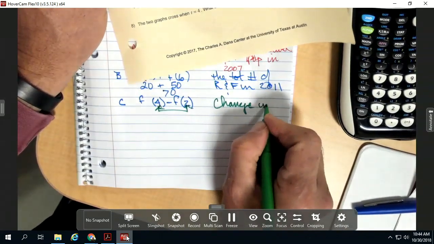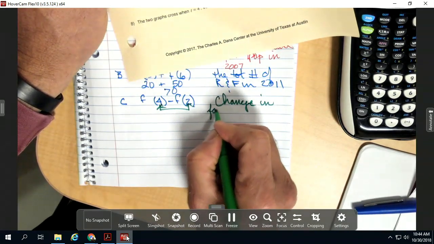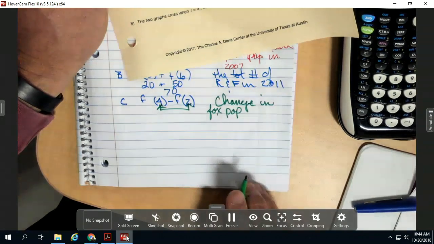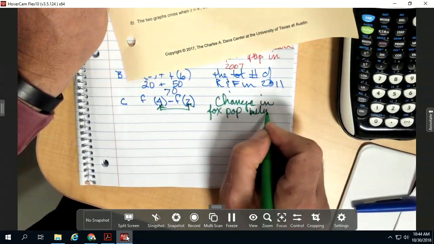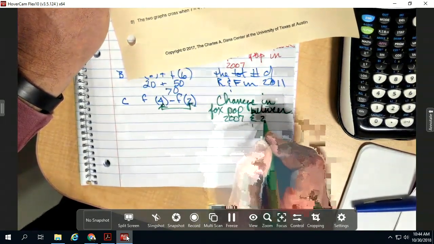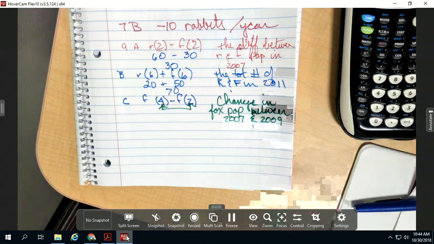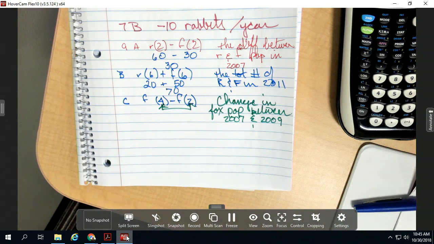So the change in fox population between 2007 and 2009. Notice I wrote 2007 first because that's the number that we're subtracting. I wrote 2009 last because that's the number we're subtracting from.